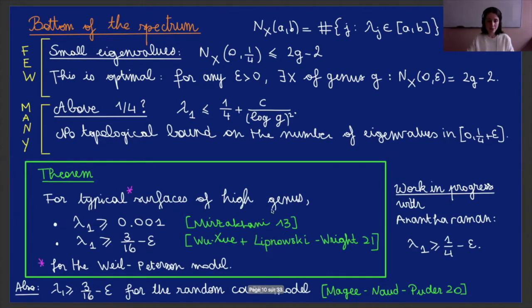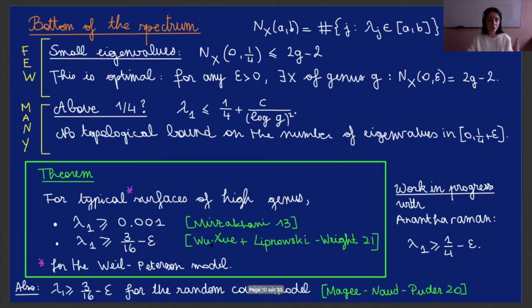A next step is to not only understand how many small eigenvalues there are, but where is the smallest one of them, the smallest non-trivial eigenvalue, lambda1. The first observation is that due to the optimality in the first statement here, lambda1 can be arbitrarily close to 0.